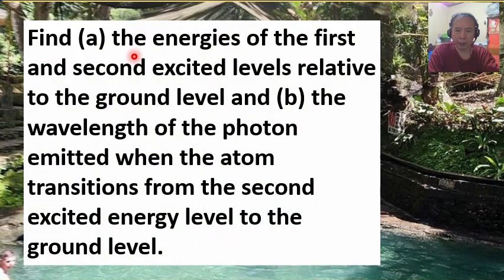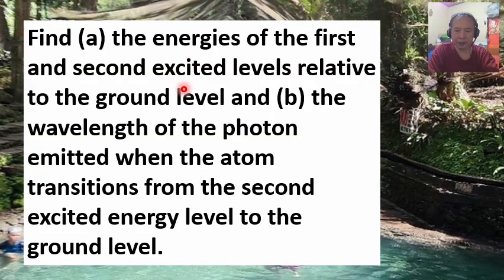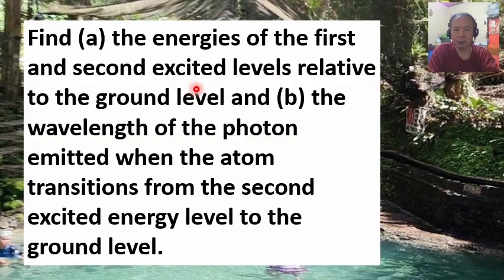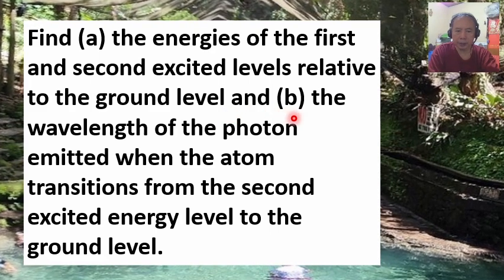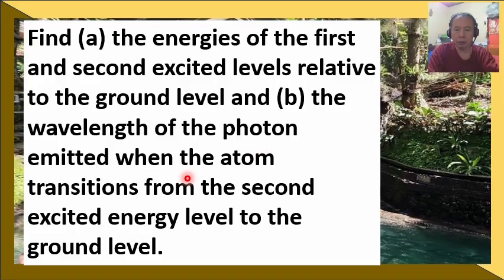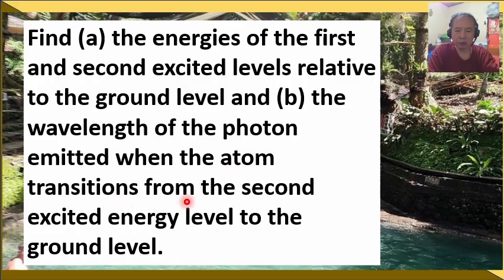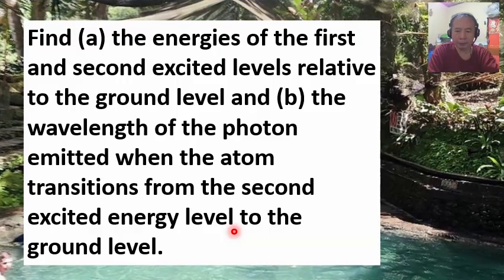Find letter A, the energies of the first and second excited levels relative to the ground level. And question letter B, find the wavelength of the photon emitted when the atom transitions from the second excited energy level to the ground level.